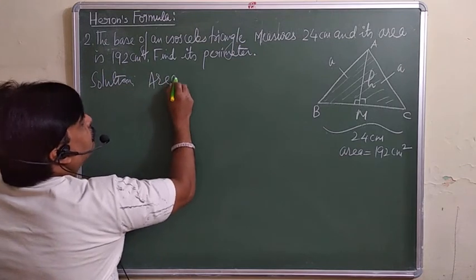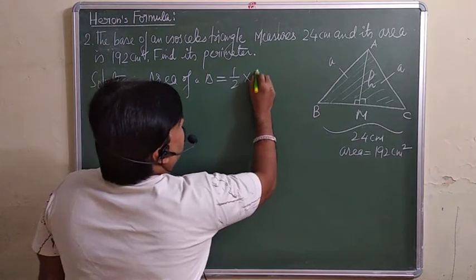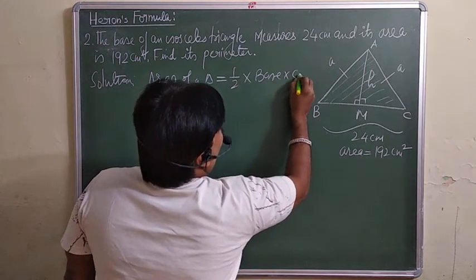Area of a triangle is equal to 1 over 2 into base into corresponding altitude.